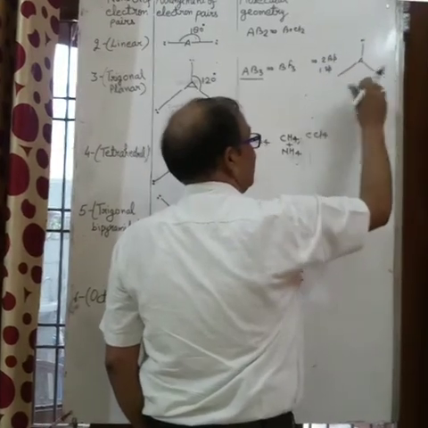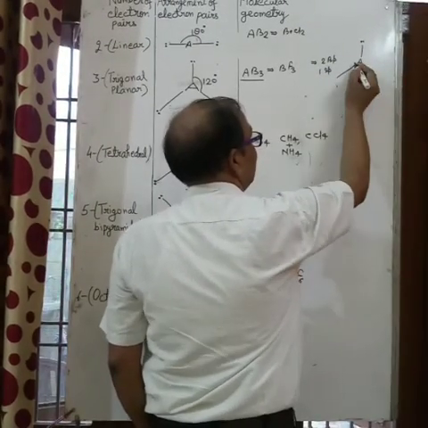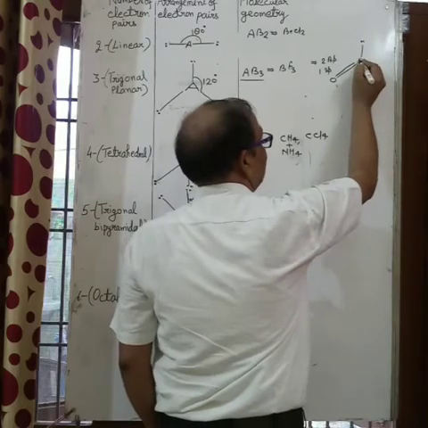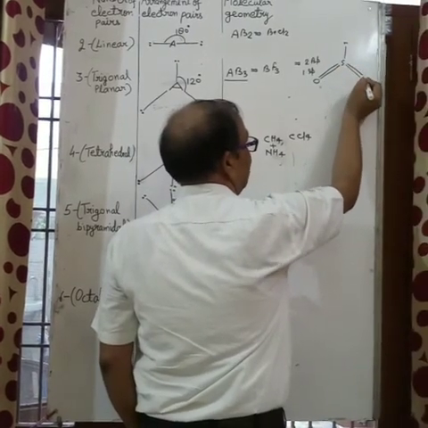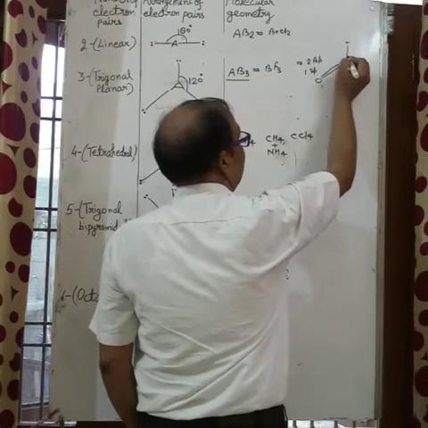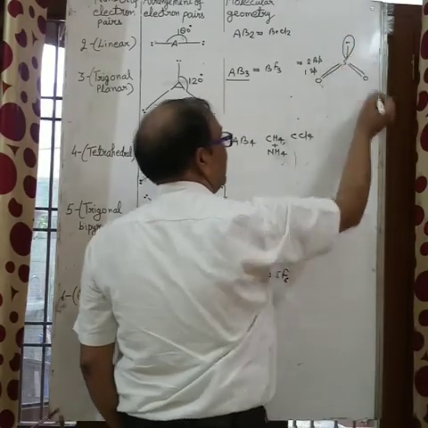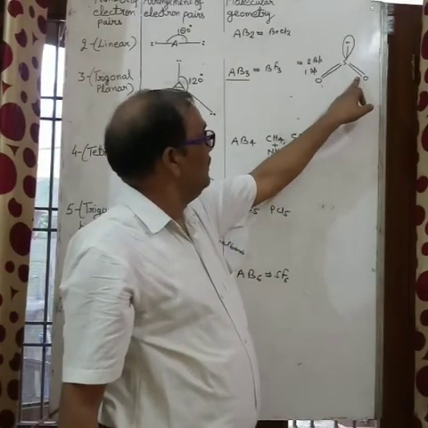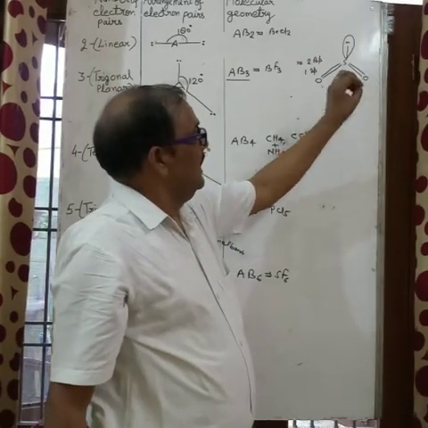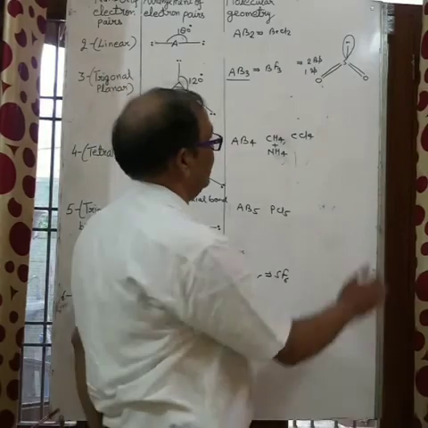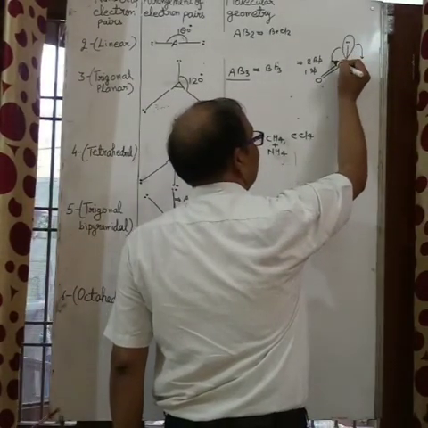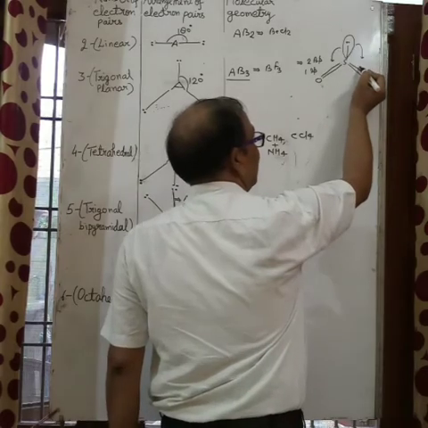Exactly, if you look at examples like sulfur dioxide, sulfur dioxide contains 1 lone pair of electrons and 2 bond pair electrons. According to the VSEPR theory, there is a repulsion between a lone pair and a bond pair.